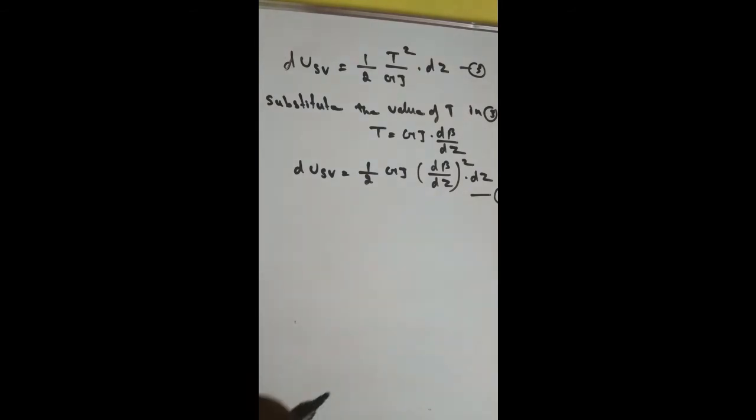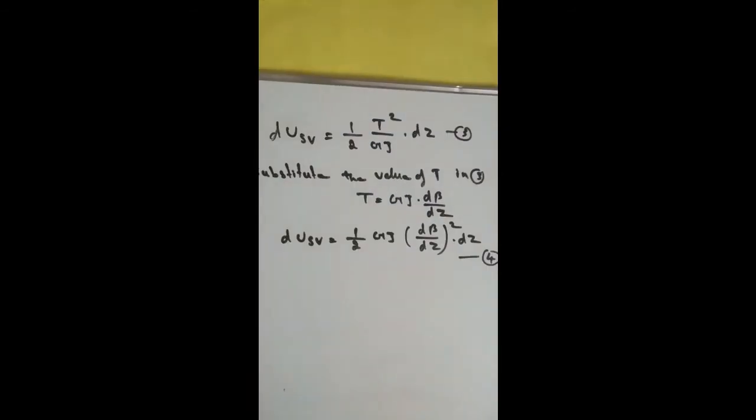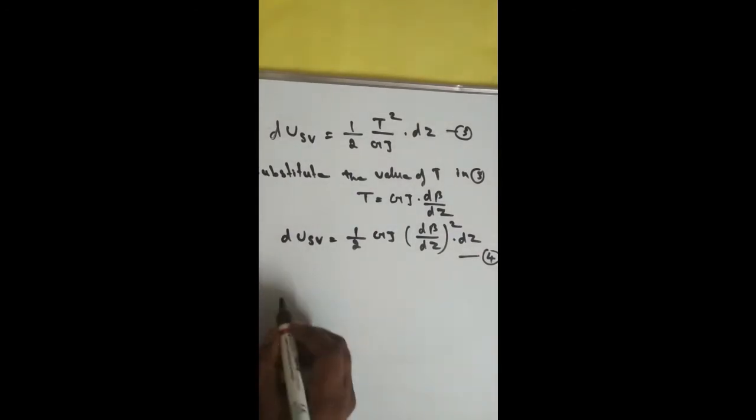Integrating over the length gives the strain energy in the entire member due to Saint Venant's torsion. We integrate.